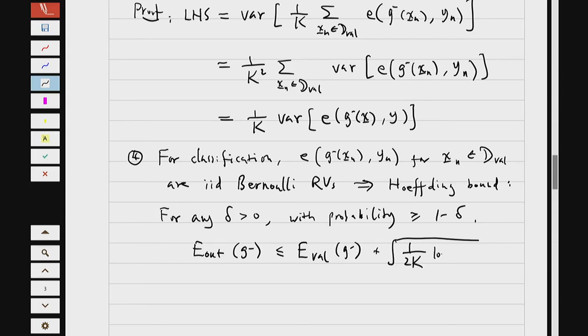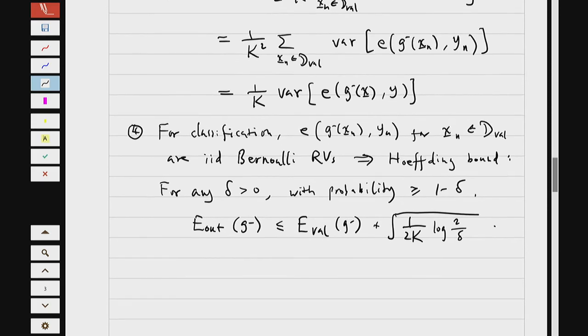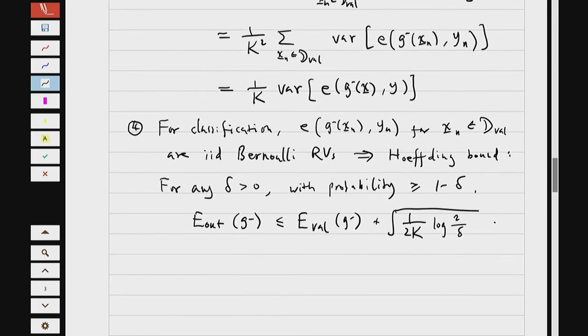Now we only have k validation points, so we use k there, that's all. Everything else is the same, exactly the same as before. Okay. Nothing new here, right? Any questions so far? Yes?